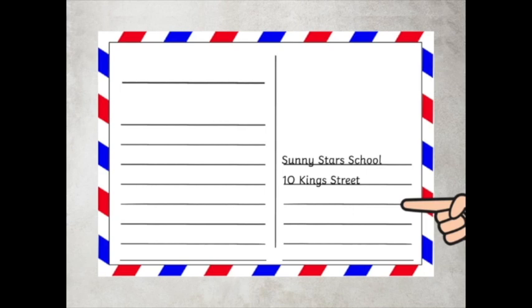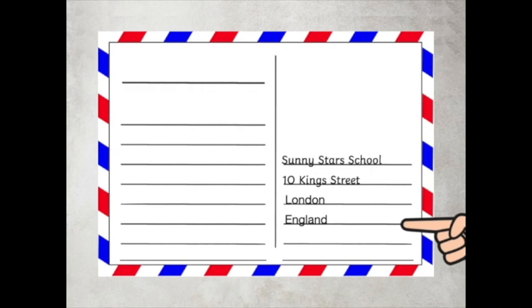Then the city or town. I'm pretending that I'm writing to my school in London. And then the country, England. And every address has a postcode. So I made up this pretend postcode.